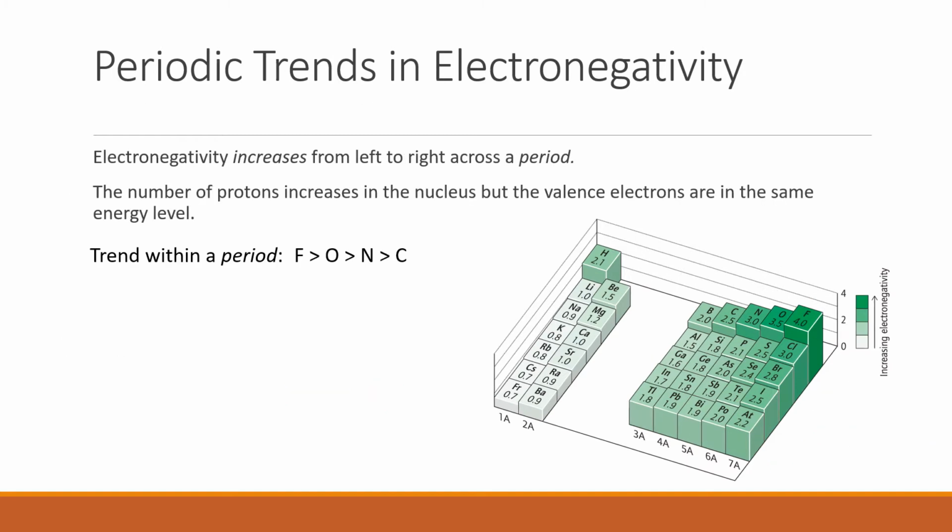Within a period such as period 2A, electronegativity increases from left to right as a result of increasing number of protons in the nucleus. For example, fluorine is more electronegative than oxygen, and oxygen is more electronegative than nitrogen, and so on.